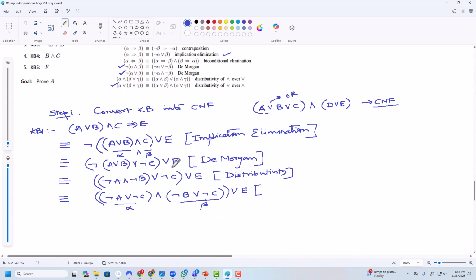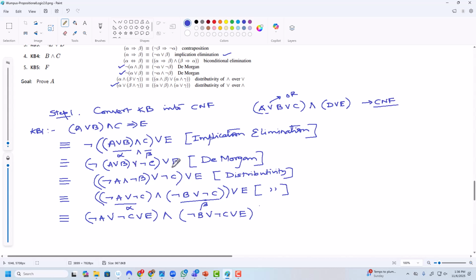Let's go down a little bit, and we will have here not A or not C or E, and not A, not B or not C or E. Okay, so this is also the same distributivity.